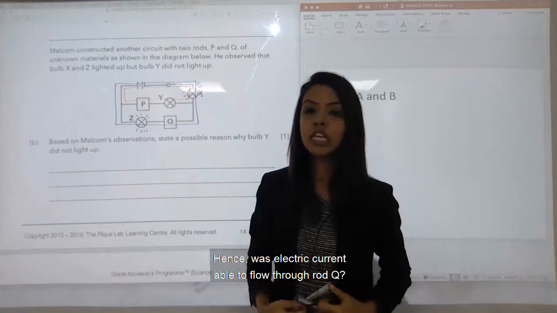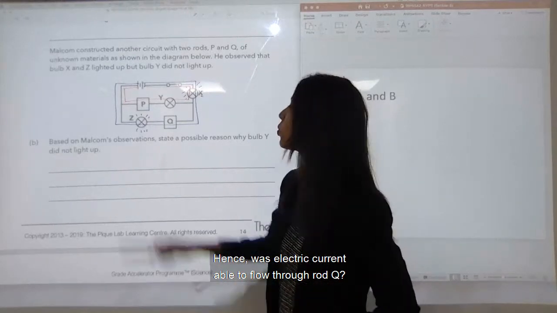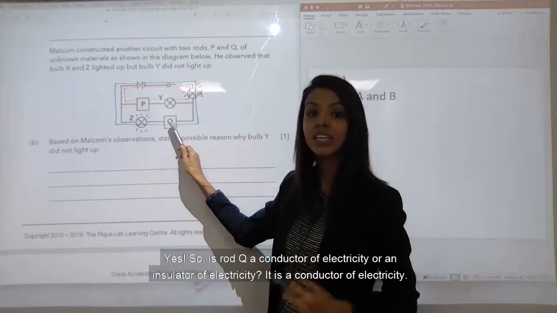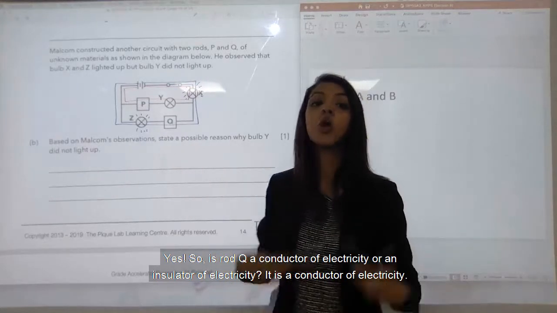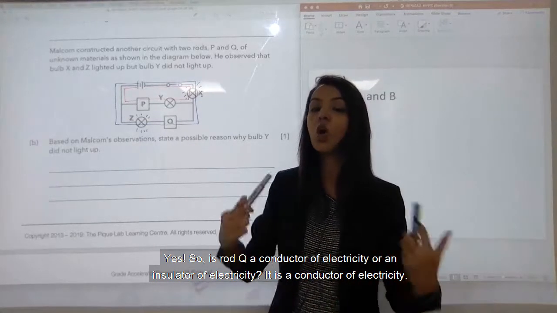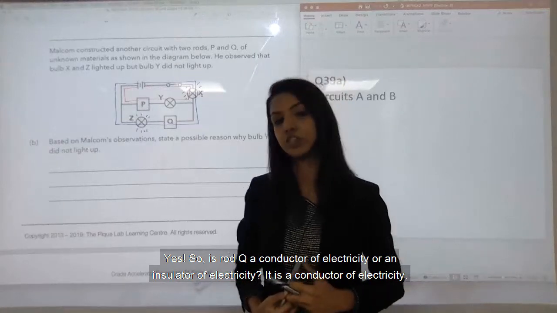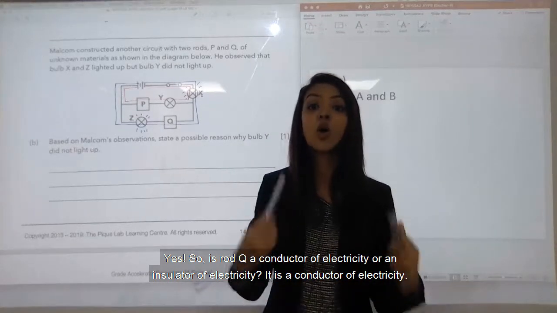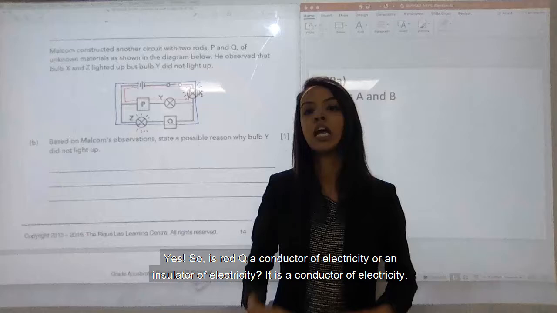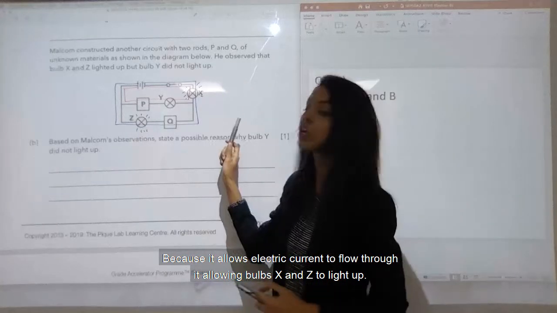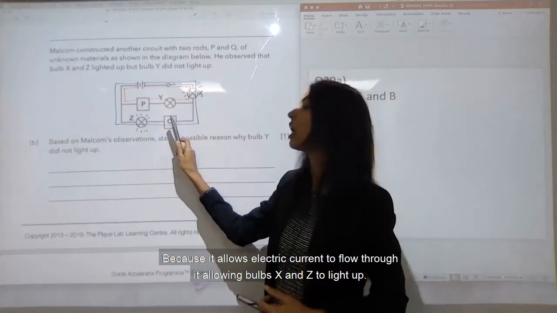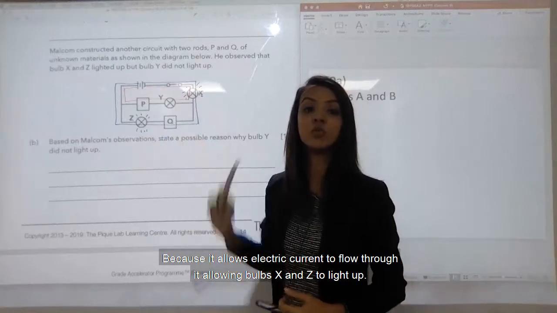Hence, was electric current able to flow through rod Q? Yes. So is rod Q a conductor of electricity or an insulator of electricity? It is a conductor of electricity because it allowed electric current to flow through it, allowing bulbs X and Z to light up.